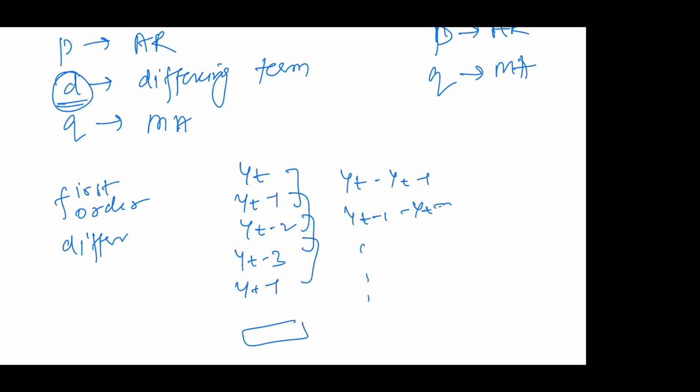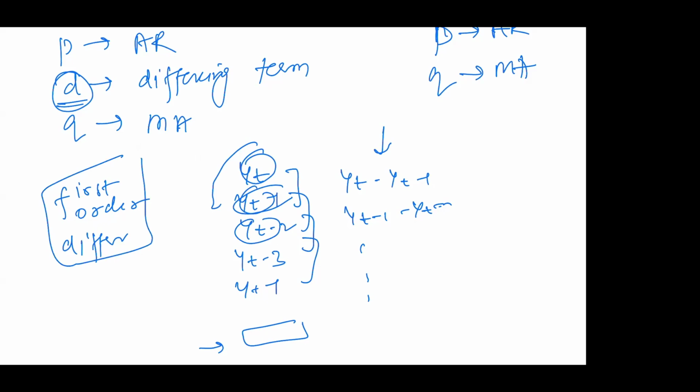And the last value will be removed, or let's say the first value will be removed, depending on how your time series is arranged in ascending or descending order. So this is what we say as first order differencing, that you are calculating the difference between this data and this data. Similarly, this data and this data.